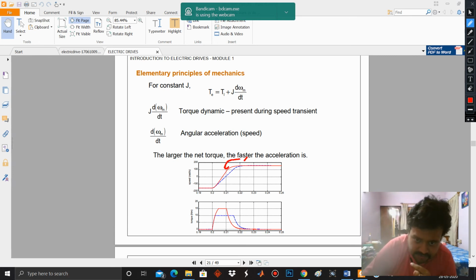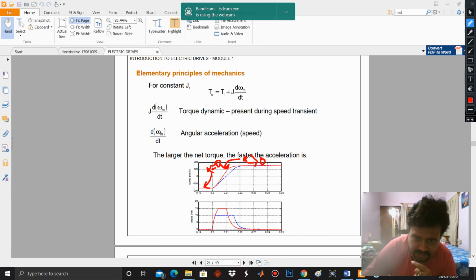So this is for alpha greater than 0. So if this is alpha greater than 0, this is alpha equal to 0. That means this is a constant speed region.